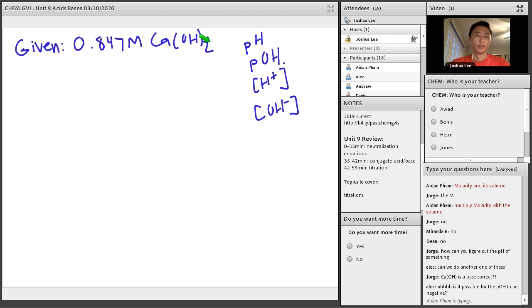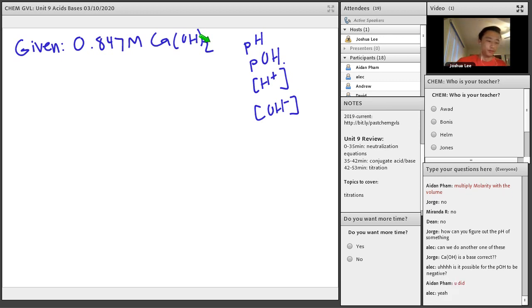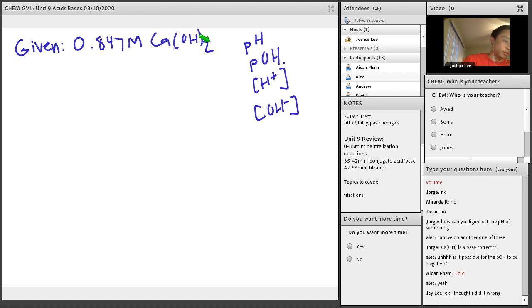Oh, did I make the base too strong? Technically, yes. That means that this is a bad example, isn't it? This is what happens when I try to make problems like this. Let's change it so that it's 0.347.